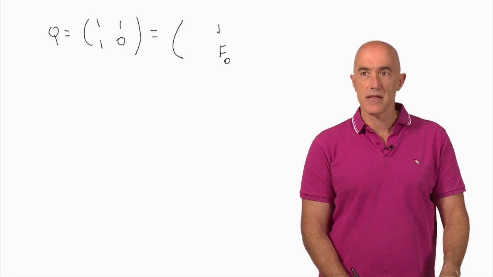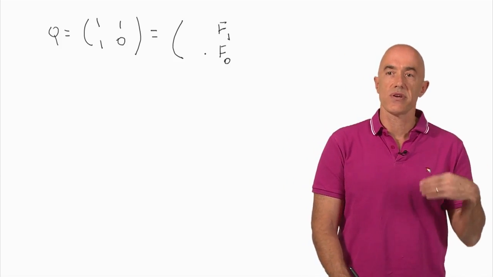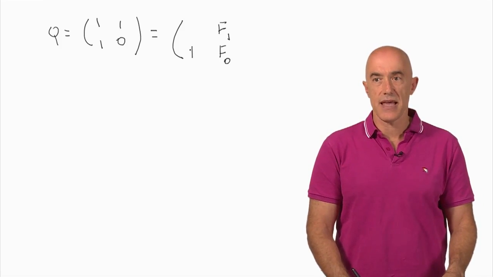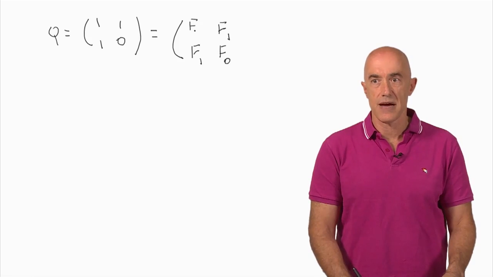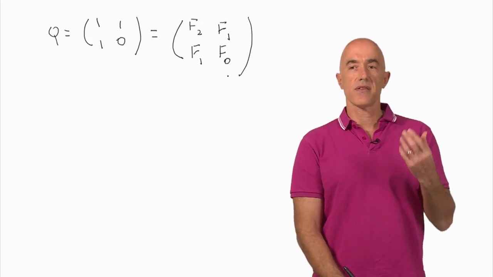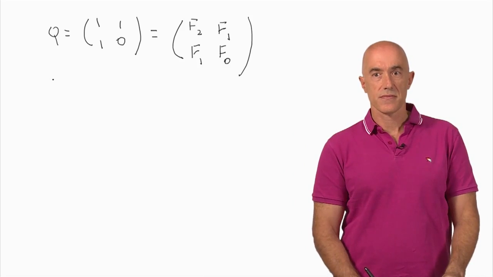So we can add two Fibonacci numbers here to get another Fibonacci number. So we can replace 1 by F1, and the same thing here, we can make this F1, and F2 is also 1, so we can replace this top one by F2. Okay? So we can write the Q matrix as a matrix of Fibonacci numbers.